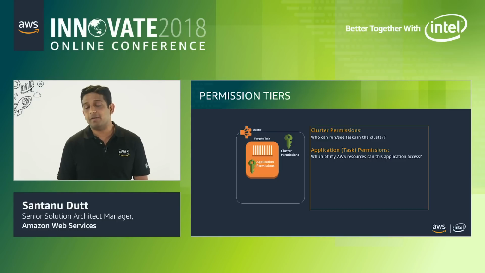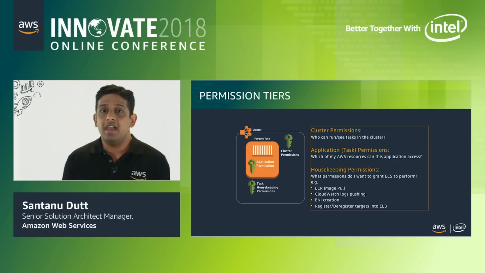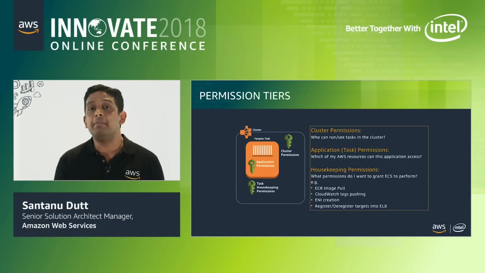The task IAM role runs your containers as an IAM user, so you can access these resources very easily. Lastly, you can give ECS the ability to perform certain actions for your task, like send logs to CloudWatch or pull ECR images. We call the role to perform these actions a task execution role. All these permissions apply to both EC2 as well as the Fargate launch types.